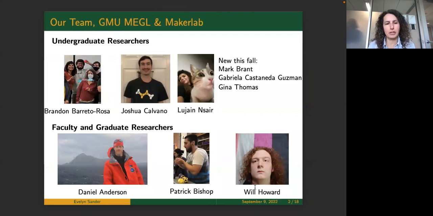And so what I want to talk about today is joint work with a variety of people. So the top row is undergraduates and the bottom row is graduates and faculty. So Brandon Barreto-Rosa, Josh Calvano, and Lujain Nsair were the 3 undergraduate students that we worked with in the spring.